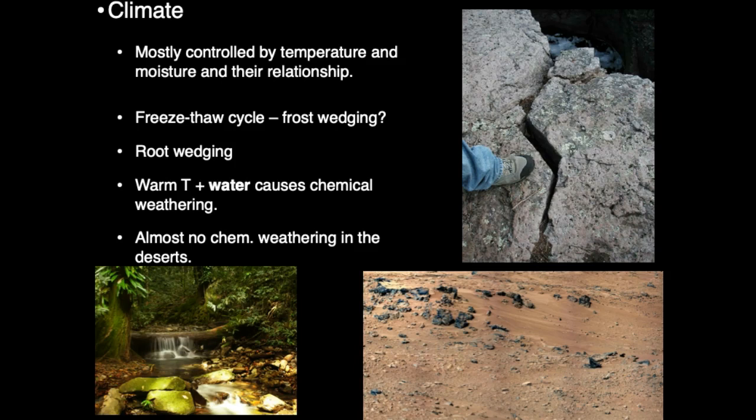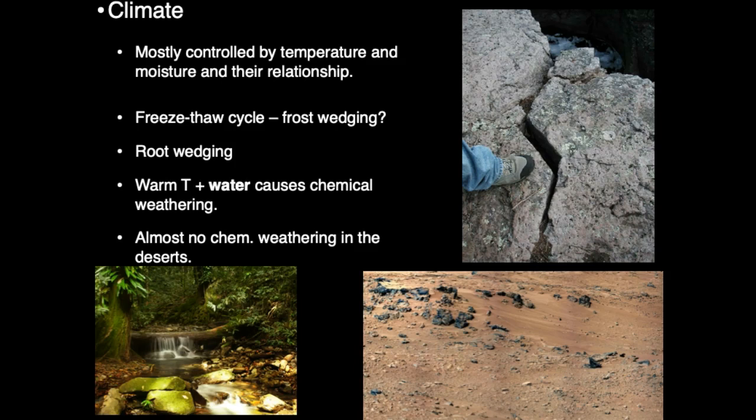So in polar regions, chemical weathering is almost ineffective because frigid temperatures keep the available moisture locked up as ice, obviously. Whereas in arid regions, for example, although there might be enough heat, there is insufficient moisture to promote any rapid chemical weathering.